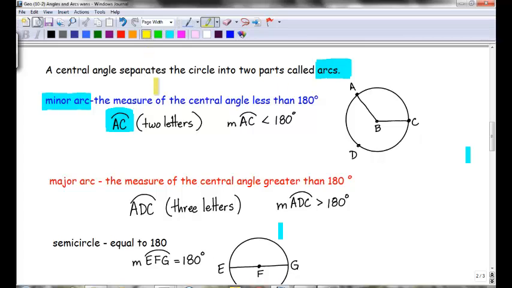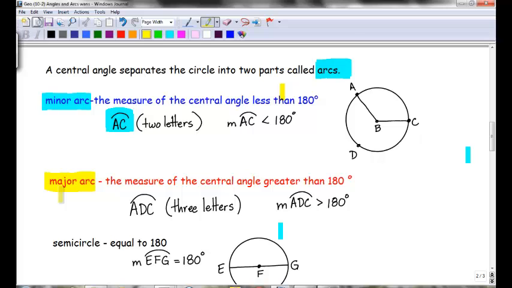Then the other part of the circle, where it would actually be like an obtuse angle, bigger than 180, that's called a major arc. A major arc is the measure of the central angle greater than 180 degrees.